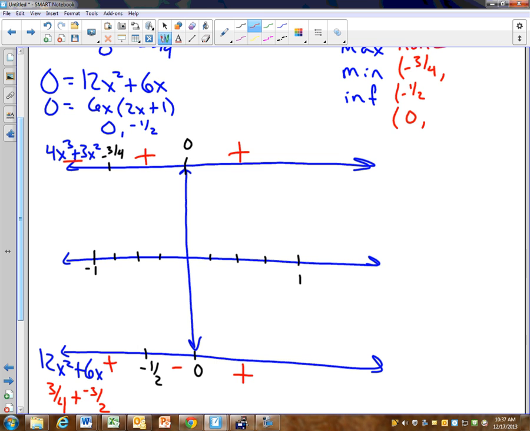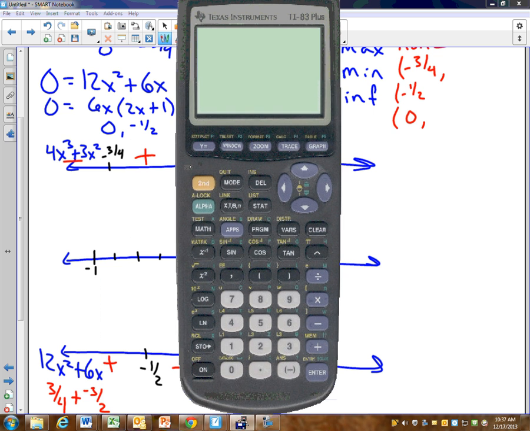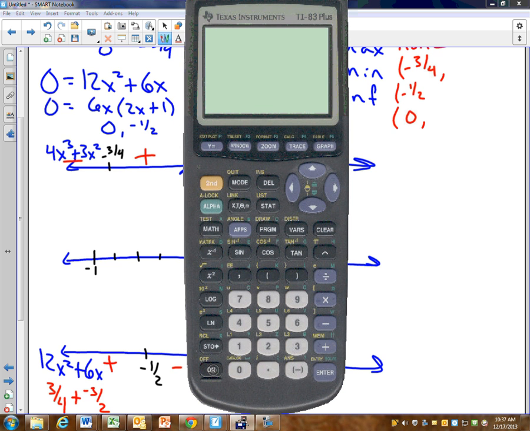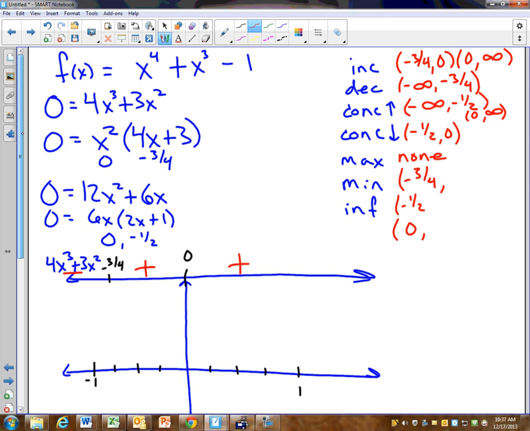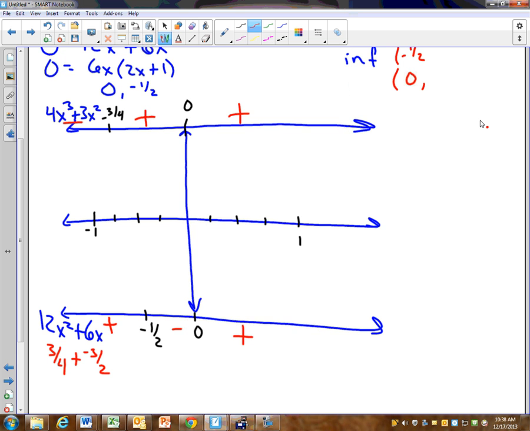How do we find those y values? Okay, if I plug in negative 0.75, I get negative 1.105.